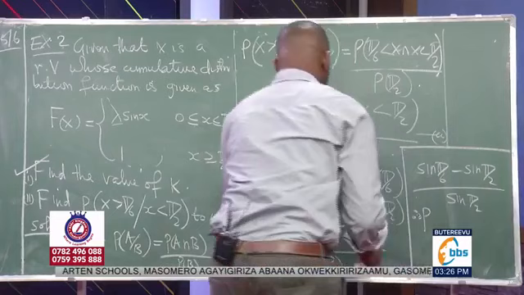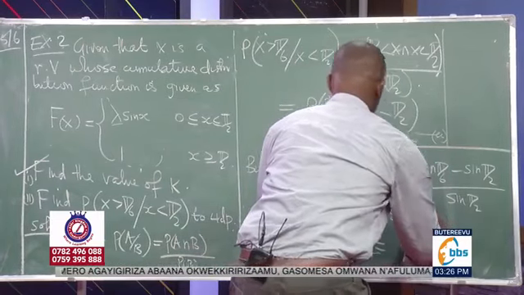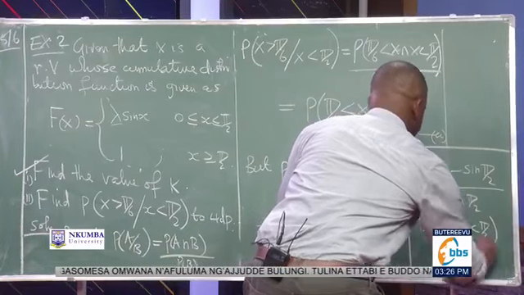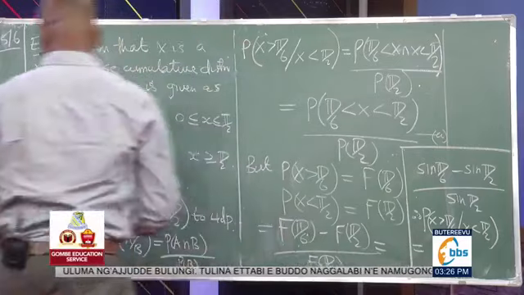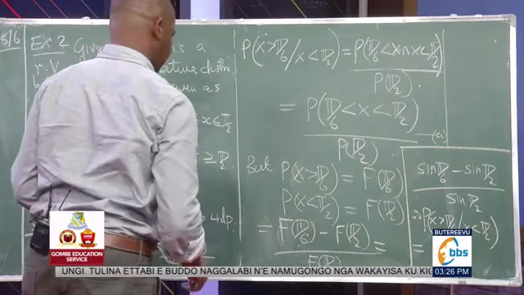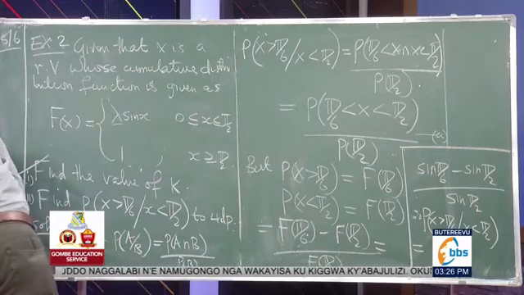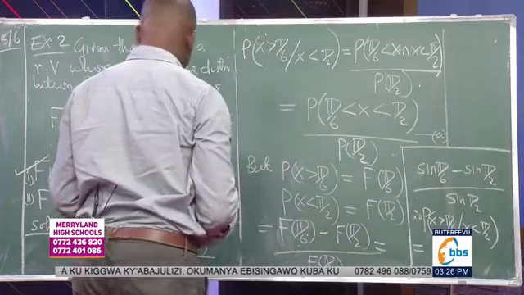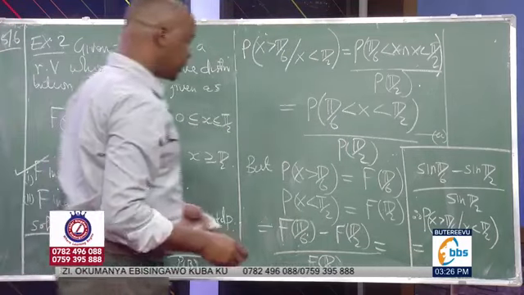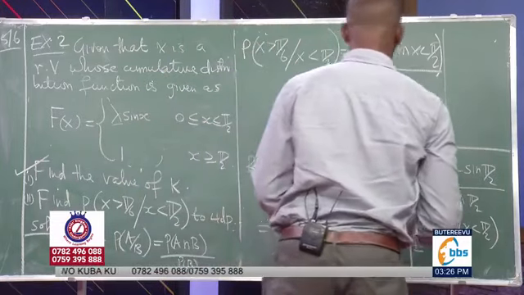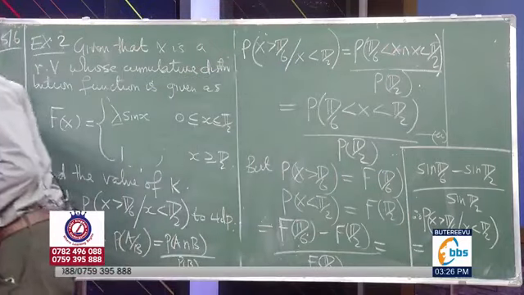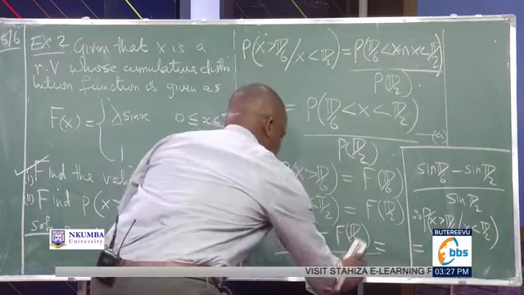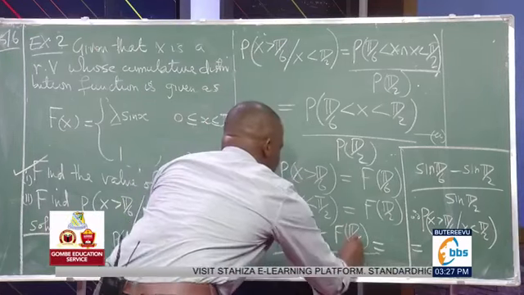And therefore, if we take the given expression P of x greater than pi by 6 given x less than pi by 2, which they want, from our calculators, when you compute, you should be able to get the sine of the upper limit, which is pi by 2, minus pi by 6. This should be 2, this should be 6.